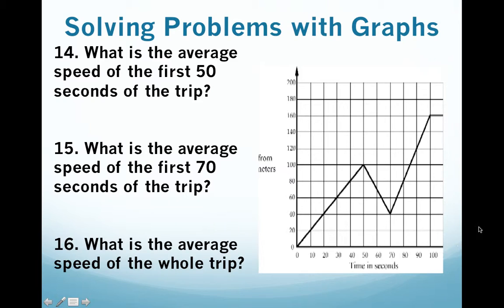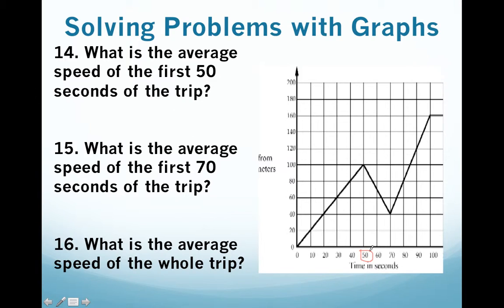Okay, now we also have a graph, and we need to understand how to solve problems with graphs. So this first one, this one's problem number 14, 15, and 16 on your worksheet. It says, what is the average speed of the first 50 seconds of a trip? So down here, time is on your horizontal axis right here. And so 50 seconds is right here.